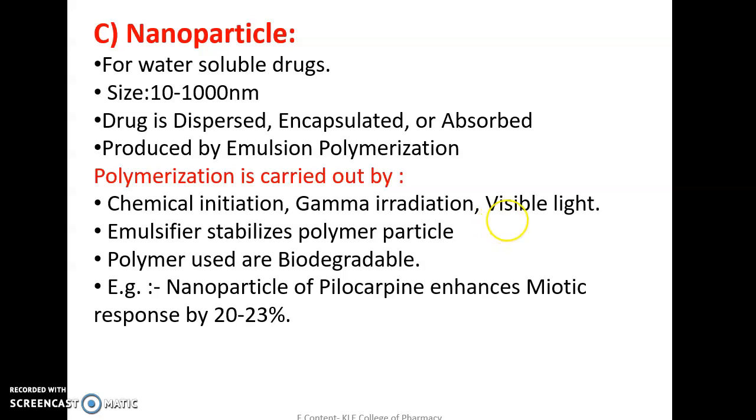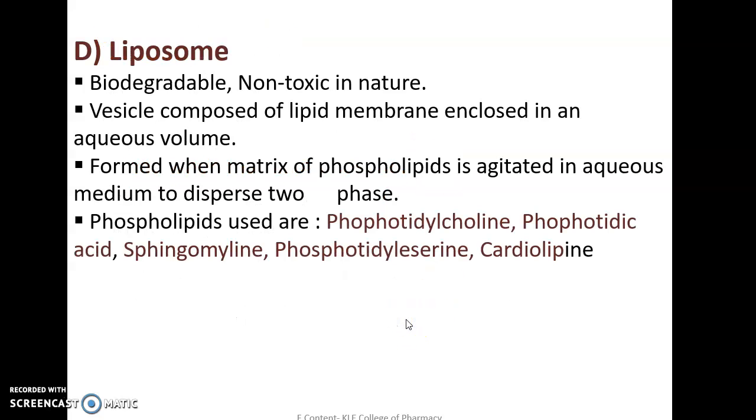Next, nanoparticles are 10 to 1000 nanometers in size, and the drug is dispersed, encapsulated or absorbed; they are produced by emulsion polymerization. Liposomes are biodegradable and non-toxic in nature, and the phospholipids used are phosphatidylcholine, phosphatidic acid, and cardiolipin.